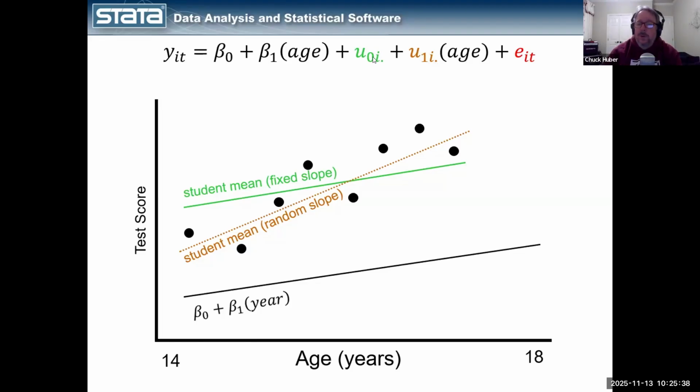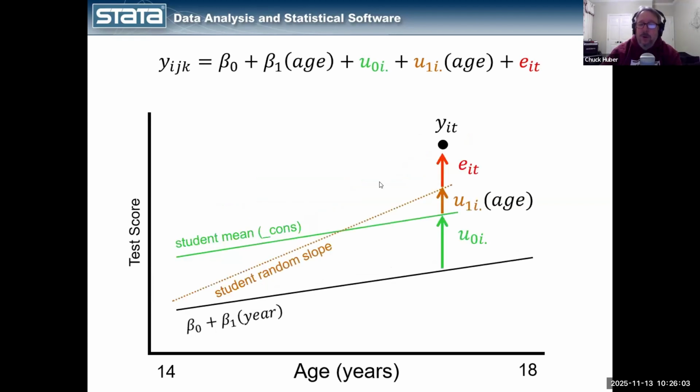And then what I'm going to do with U0 I dot plus U1 I dot age, that's like fitting a separate regression line for every person in the data set. So I have an average regression line and a unique regression line to everyone in the data set. And then I can talk about the deviation of each individual observation from that individualized regression line. Okay? So that's what I'm going to do with this brown line here. I'm going to fit a separate regression line for every person in the data set.